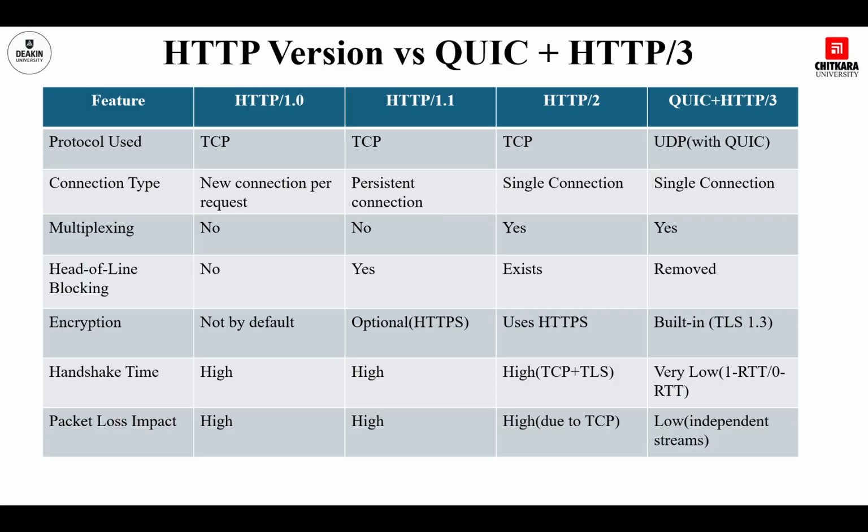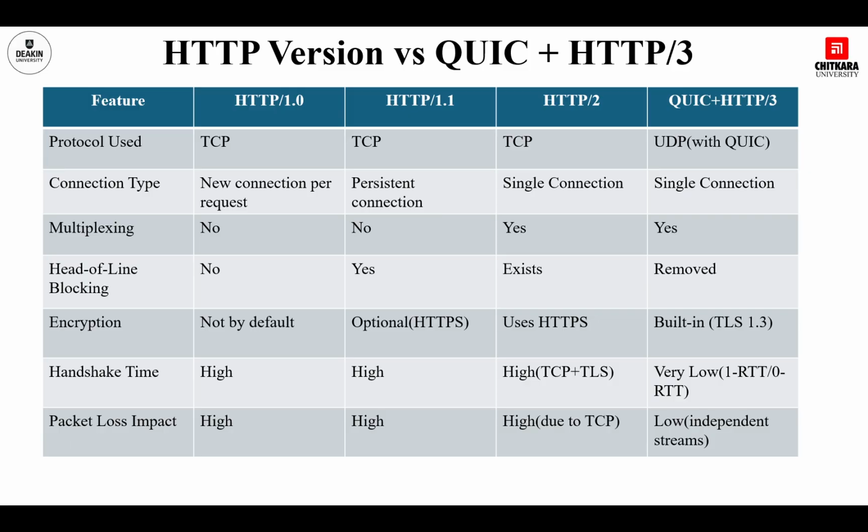Then we can see HTTP/2. The connection type is a single connection. Multiplexing is there, head of line blocking exists, HTTPS encryption is there, the handshake time is really high, and packet loss impact is also really high.